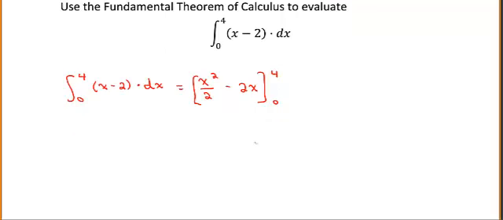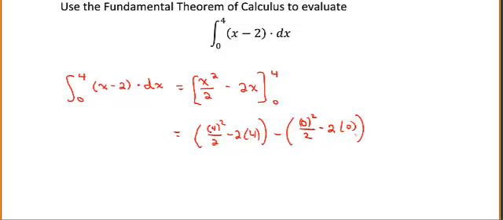And so what will this be? Well, we evaluate it first at the upper limit, always upper limit first. That's a mistake students make. So 4 squared divided by 2 minus 2 times 4. And then we evaluate it at 0. 0 squared divided by 2 minus 2 times 0.